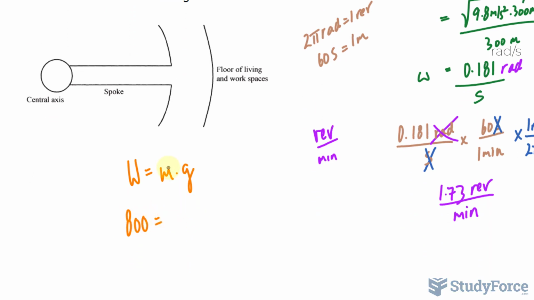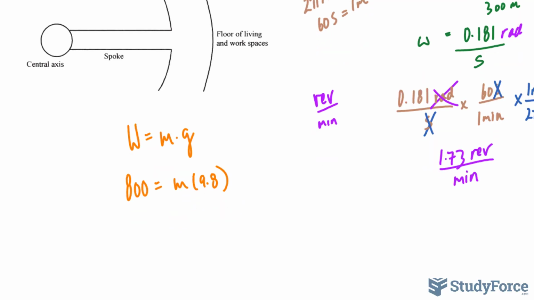And the acceleration due to gravity on Earth is 9.8. So the person's mass can be found by taking 800 divided by 9.8. And of course, you should be including units here. So this should be 800 newtons and 9.8 meters per second squared. Dividing these two values out, you get the mass of the person.